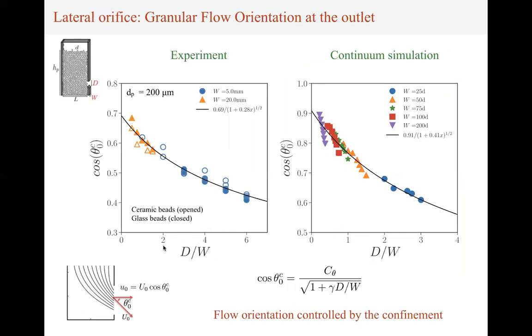That means that the effect of the confinement, the effect of the friction at the wall, tends to change the inclination, so the inclination depends on the silo thickness. We found the same thing in the experiment and in the continuum simulation for different W. So we propose an empirical law for this variation of the angle of inclination. The effect of the confinement is on this angle of inclination.